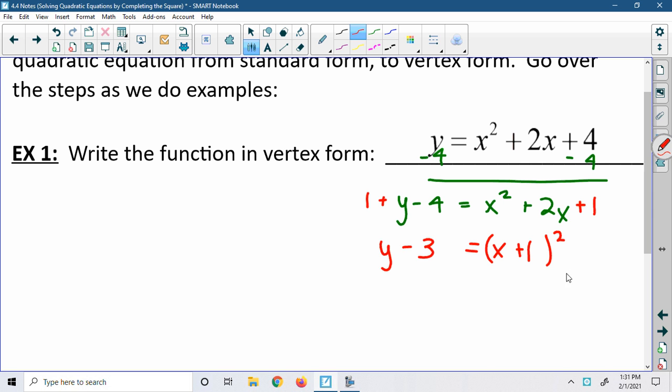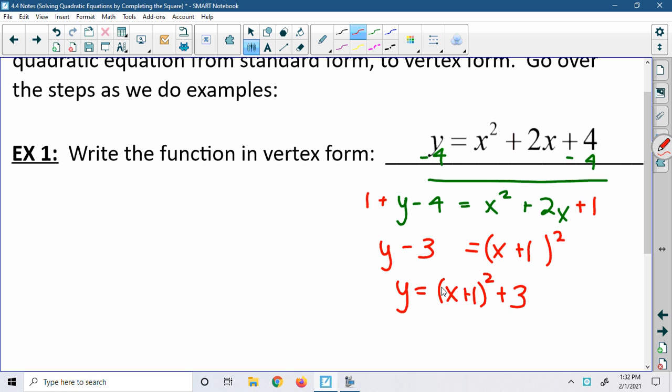We're just trying to get it into vertex form. Vertex form would just be when we add this 3 back over to the right side. And there's vertex form.